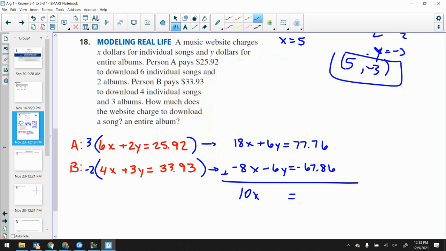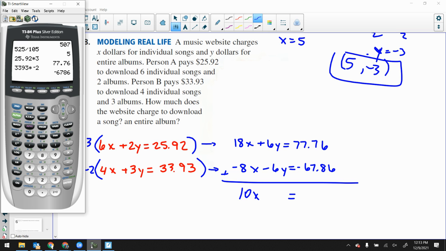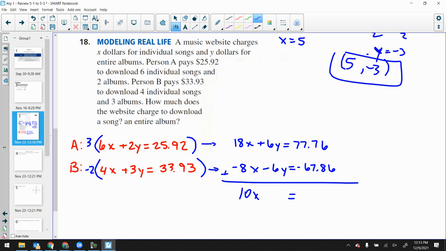The 6y's cancel. And then we've got 77.76 minus, and I know I'm saying minus, but plus a negative is minus, 67.86, which gets us 9.9.